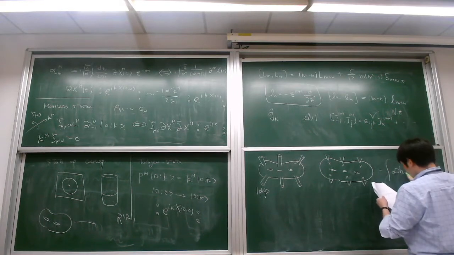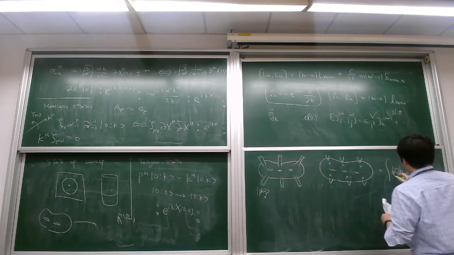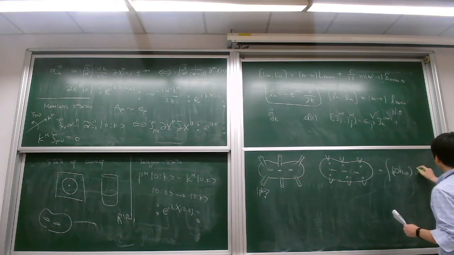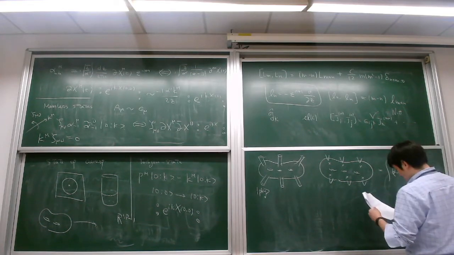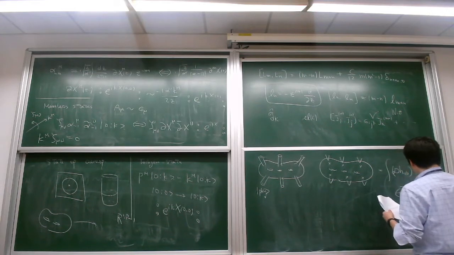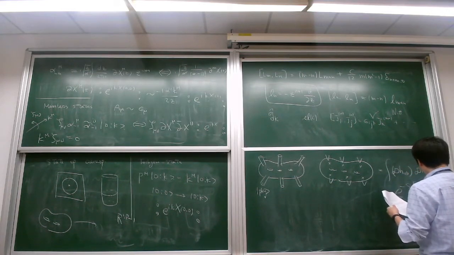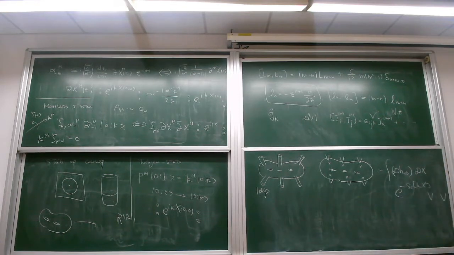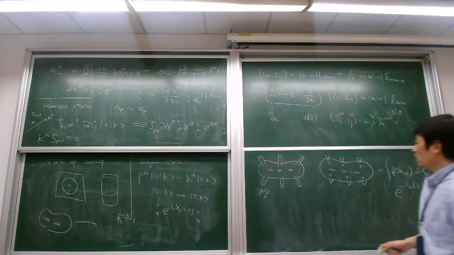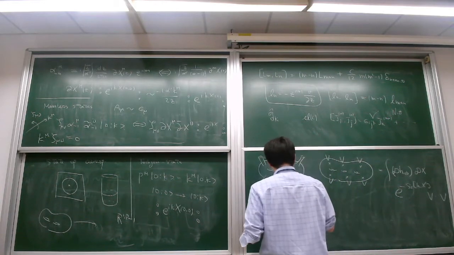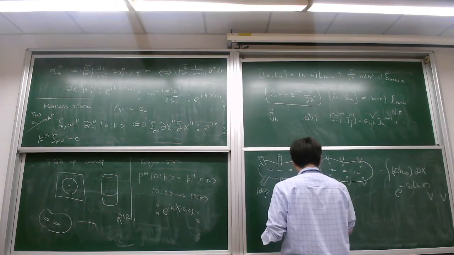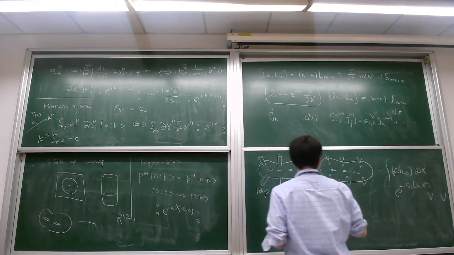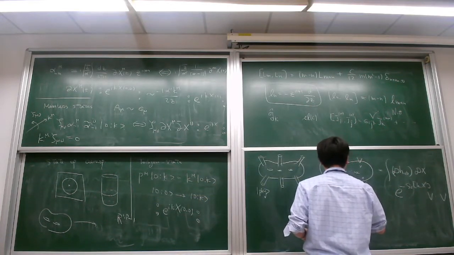Schematically, it's just the integral of h_ab, this is the metric of the Riemann surface, and dX, and it's e to the minus the string sigma model action times the vertex operator insertion. And this vertex operator can be written as d^2z to the h, and it's this operator O(z, z bar).